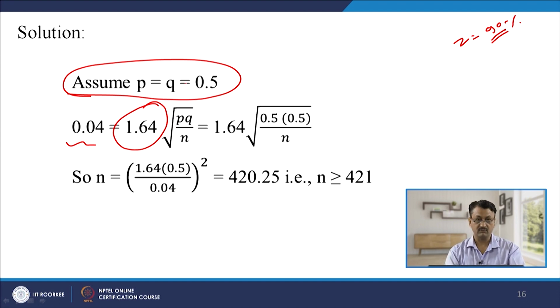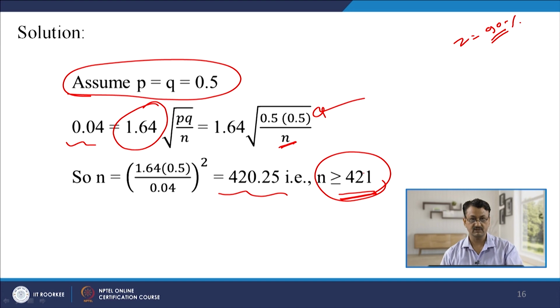Since we have not been given p and q, you can assume them equal, and n is something which is to be calculated, right. So, n is equal to 421, approximately 421. So, this is how you should determine sample size, but for this what you need? You need precision, right, or what is the level of error you are accepting.